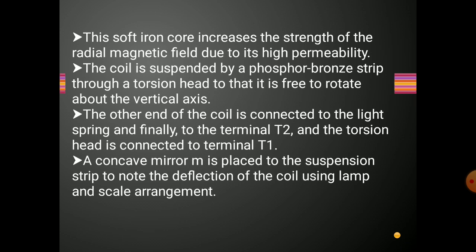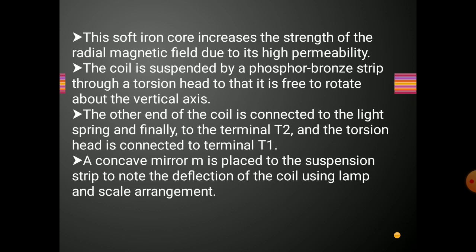The coil is suspended by a phosphor bronze strip through a torsion head, so that it is free to rotate about the vertical axis. The other end of the coil is connected to a light spring and finally to terminal T2, and the torsion head is connected to terminal T1.